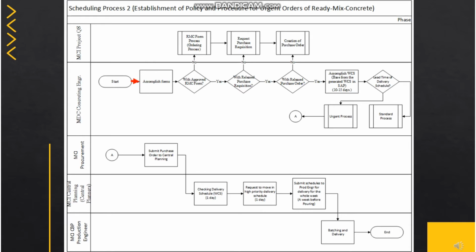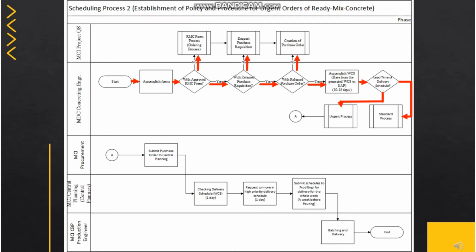This method likewise begins with completing the 3 primary requirements. However, if the requirement is urgent, it will take less time to complete. The weekly concrete schedule or WCS form will thereafter be expected in the system. Following that, the lead time will be required to be entered into the system, and the customer will be asked to pick between an urgent or normal process.